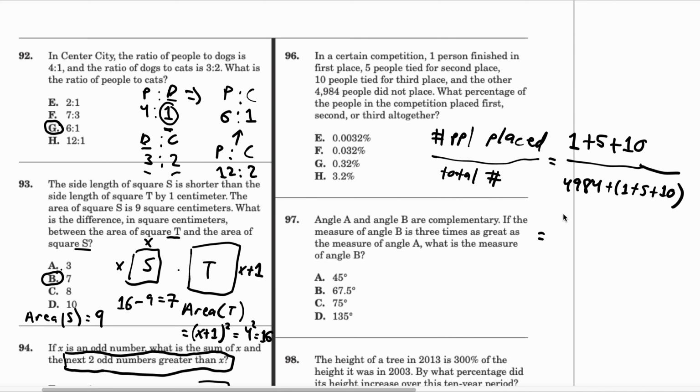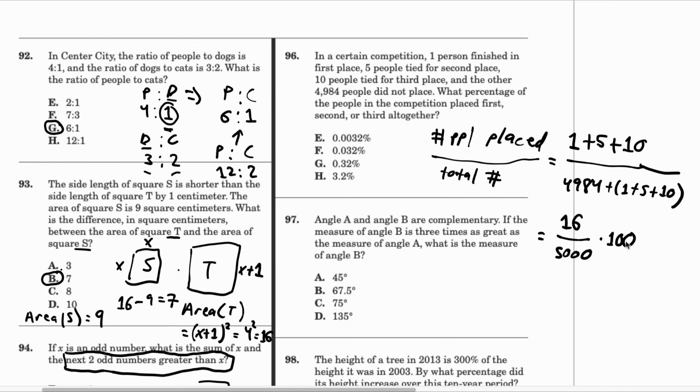The numerator becomes 16, and the denominator adds up to an even 5,000. We don't actually need to simplify it yet. We have this fraction and want to convert it to a percent, so we multiply by 100, and now we do our simplification.